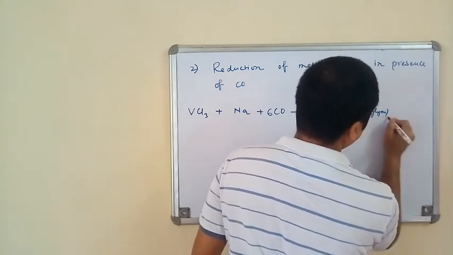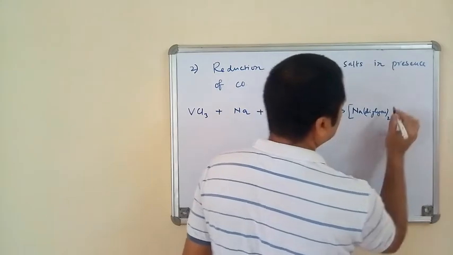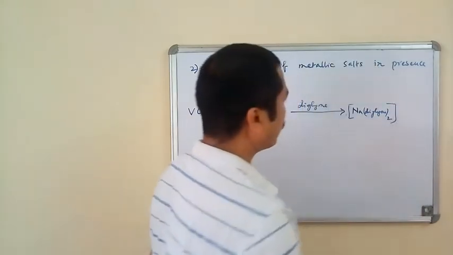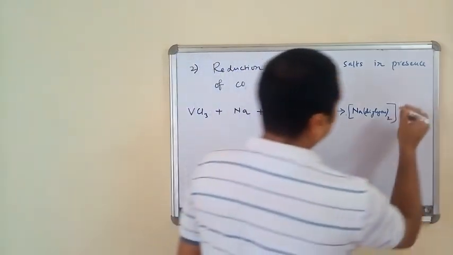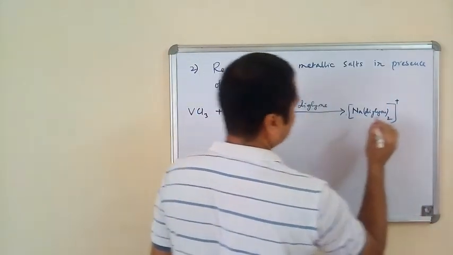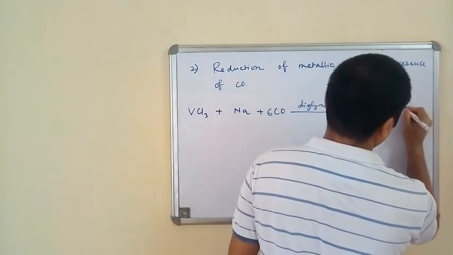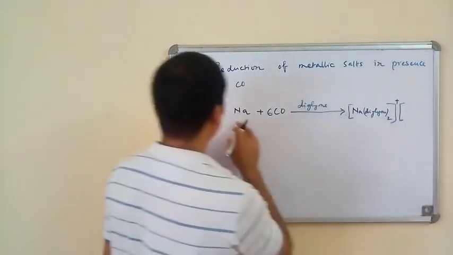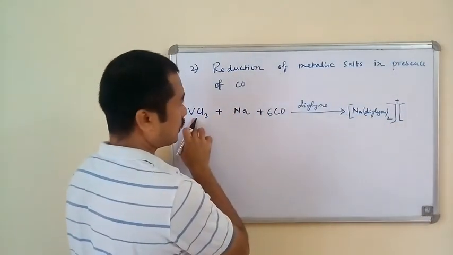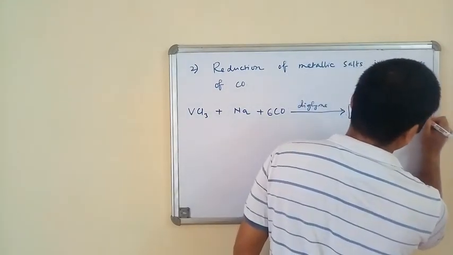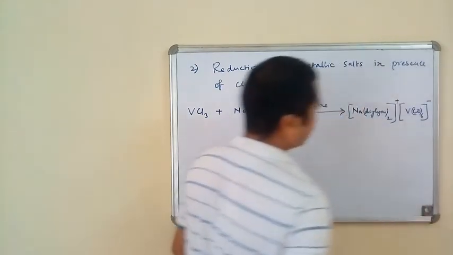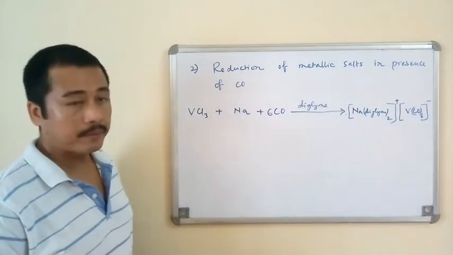So this will result eventually in Na(diglyme)2. Sodium is essentially 6 coordinated, as 2 of these diglyme ligands are coordinated to sodium, and this is positively charged. Sodium ions are present because, after reduction of vanadium from plus 2 oxidation state, sodium goes to plus 1 oxidation state, and this is negatively charged in this way.